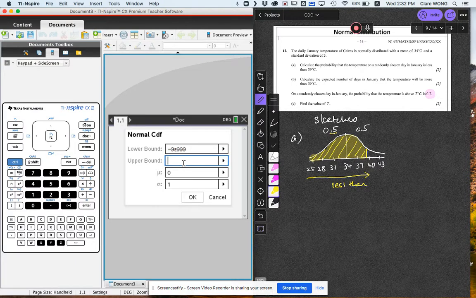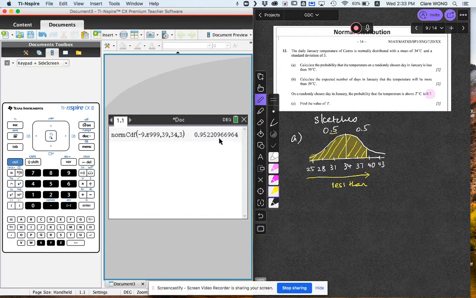So you put 39 degrees, state the mean. This symbol mu means the mean, sigma means the standard deviation, so you put it there. That's the probability. So part A, the answer is 0.952. 3 significant figures will do.